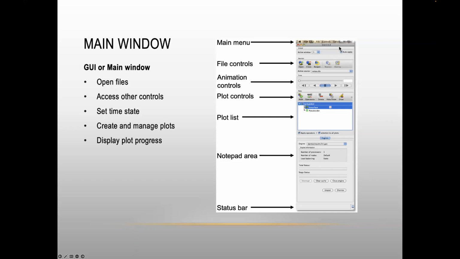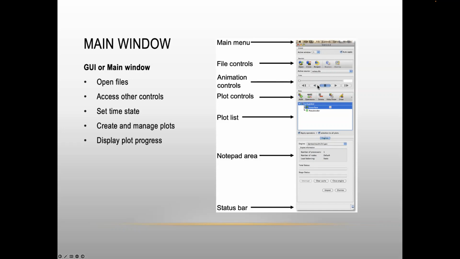On the main window, or the GUI window, you would see that there are file controls like open, close, and the animation controls. Let's say you open a file which is numbered from 1 to 100. If it's a set, you would see these VCR-like controls.